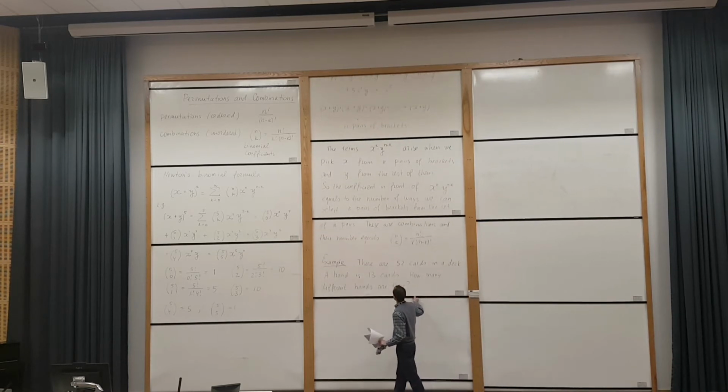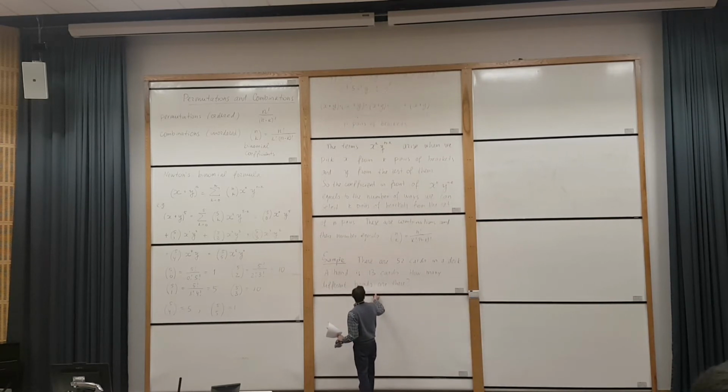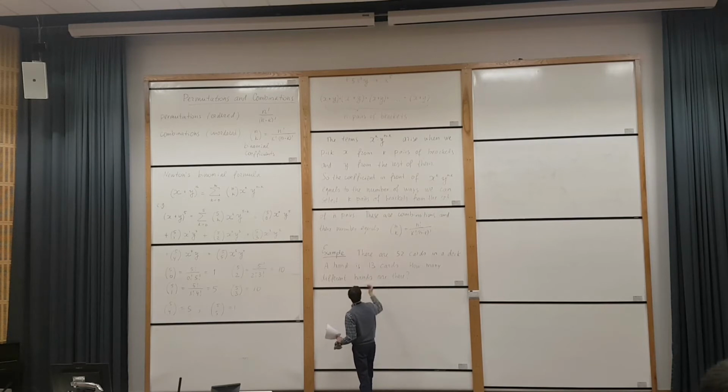We have to count the number of combinations of 13 cards out of 52, and that's just given by the corresponding binomial coefficient. So 52 minus 13 is 39, and that's a huge number.